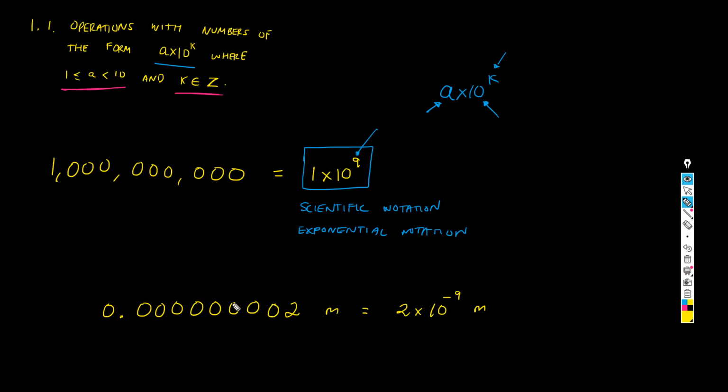Because when we transform this into scientific notation, this is how it's going to look. We have a number a, which must be between 1 and 10. So is 2 between those two numbers? Yes, that's perfectly okay. And then we have times, and then we have a base 10.